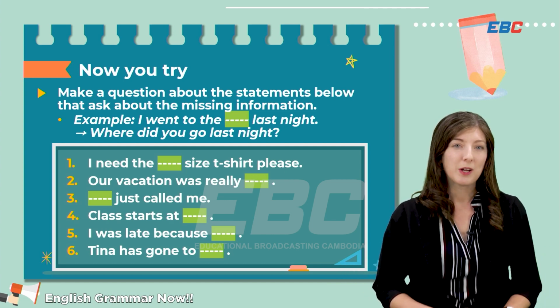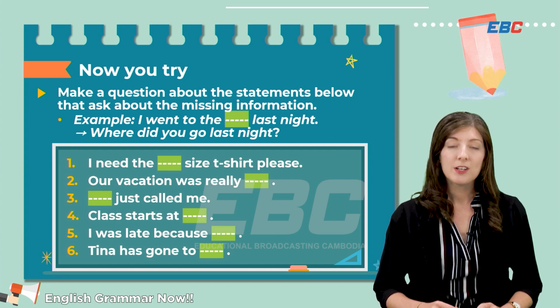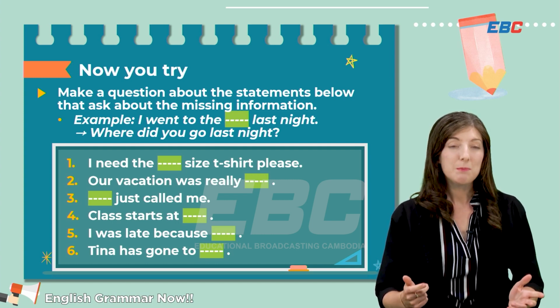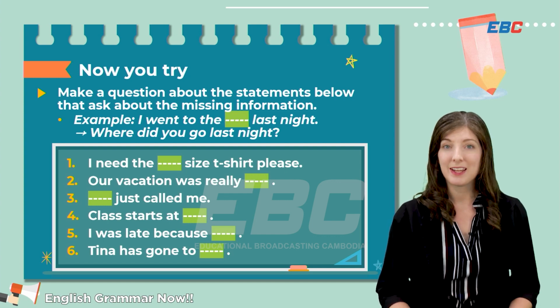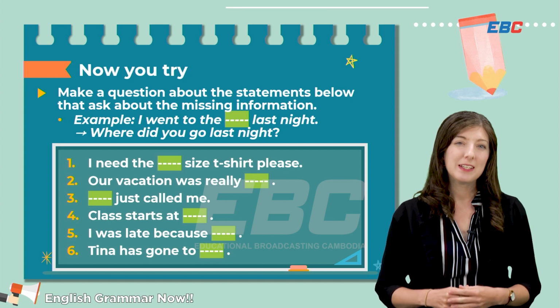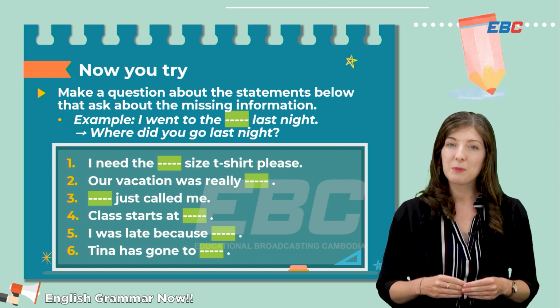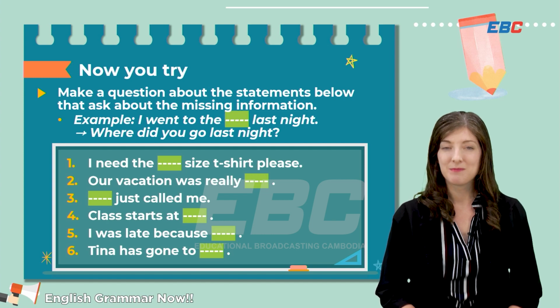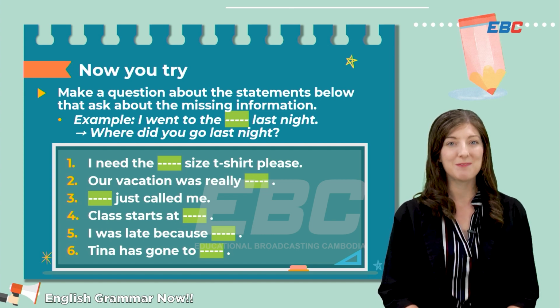You could ask a question like, where did you go last night? Because probably the missing information is a place. For each of these 6 statements, see if you can guess what kind of information is missing so that you can write a question about it. Go ahead, give it a try.